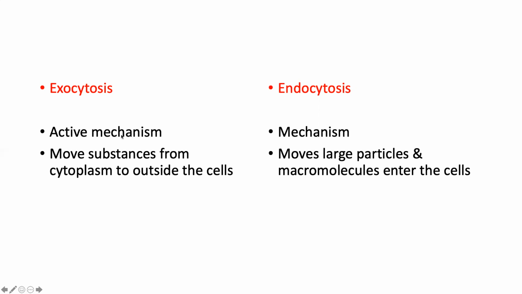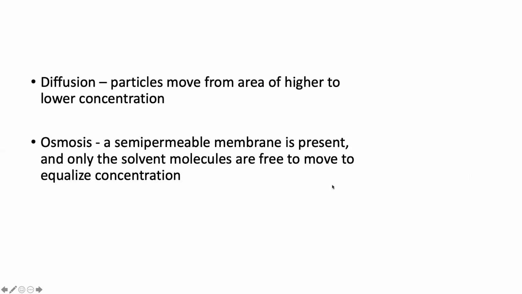Exocytosis is an active mechanism that moves substances from the cytoplasm to the outside of the cell. Endocytosis moves large particles to enter the cells. And we have learned this already.